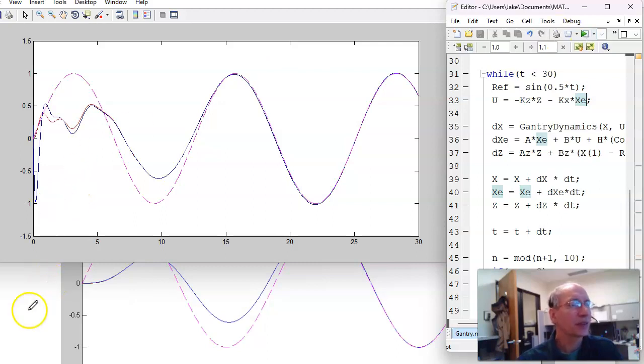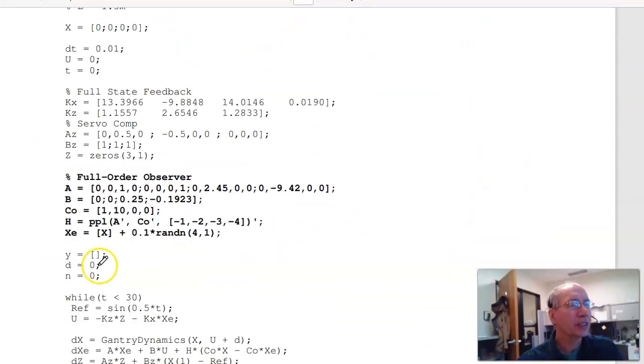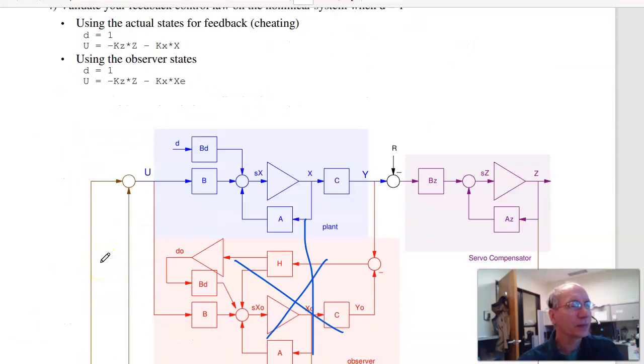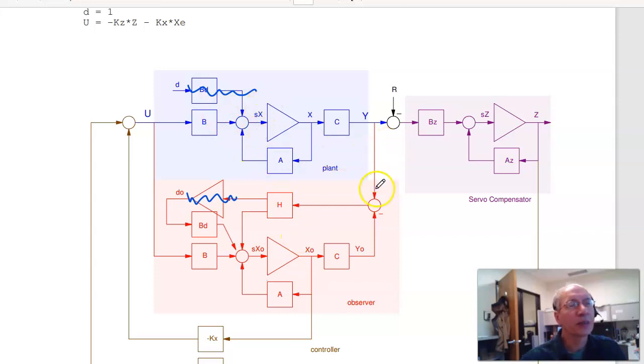Okay, that's at the B level. At the A level, I need to modify the system a little bit. So at the B level, I've got the plant, I've got the servo, I've got the observer. There's no constant disturbance, so this isn't there, that isn't there. It should track. If I add a constant disturbance, it will no longer track.